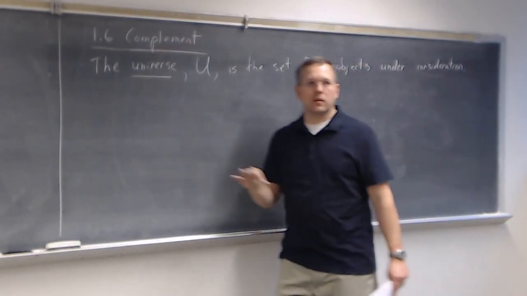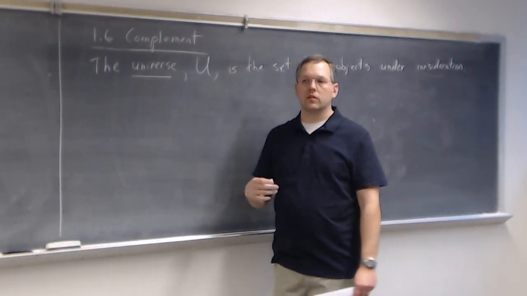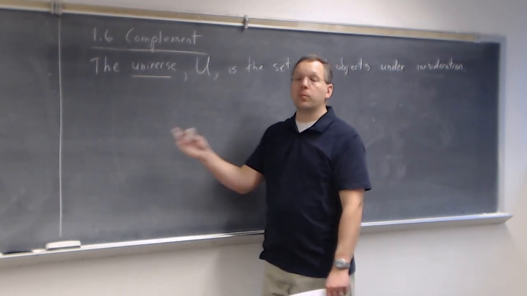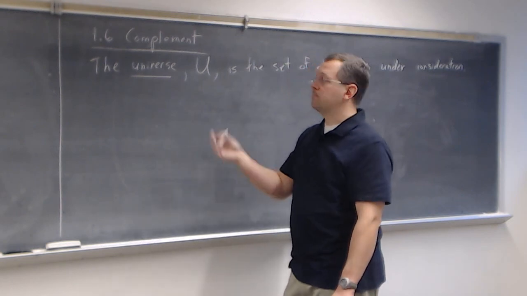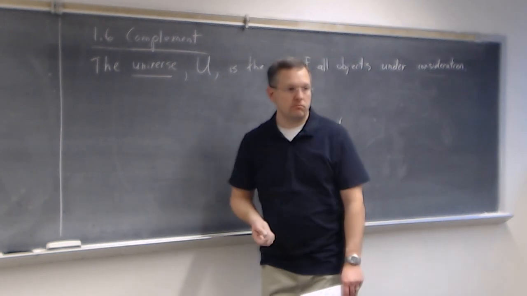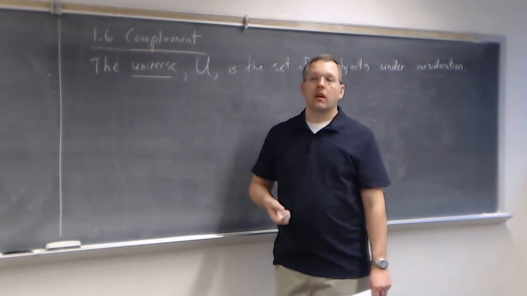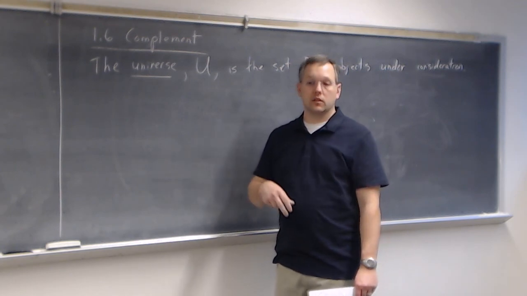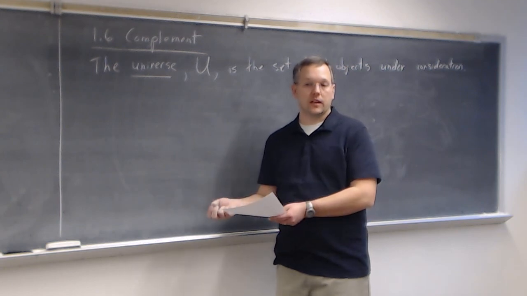Depending on your class, it's understood what set you're talking about. Like in a calculus class, you're talking about real numbers or the real plane. So the real numbers can be a universal set for a specific set you're talking about.